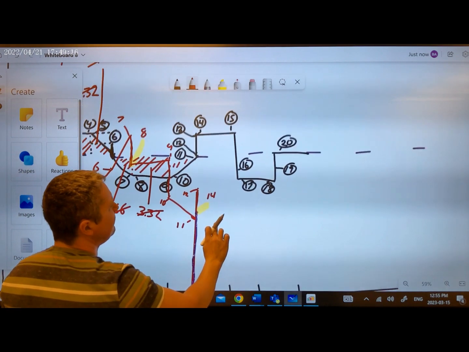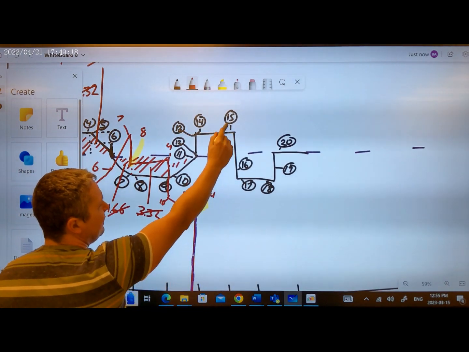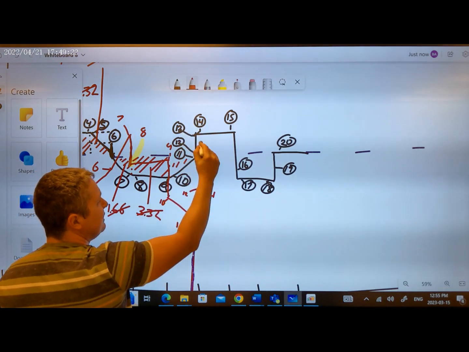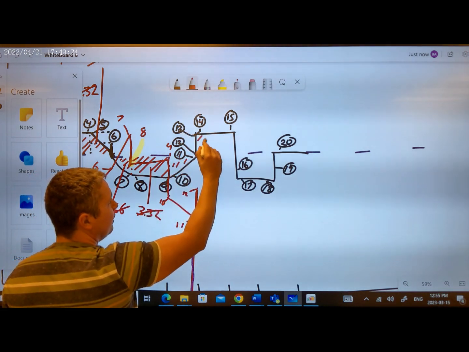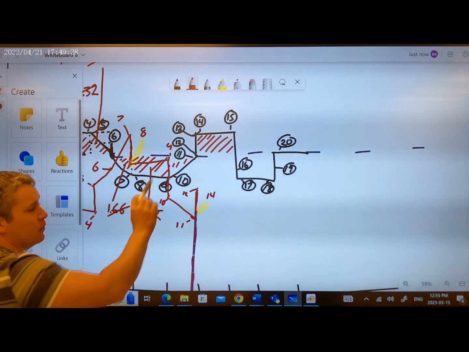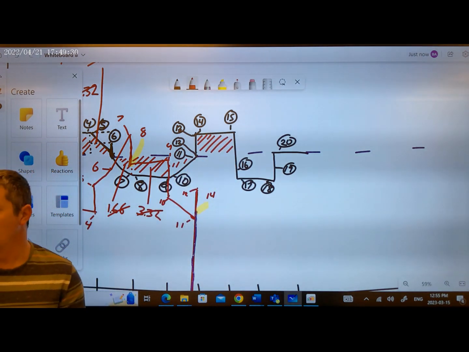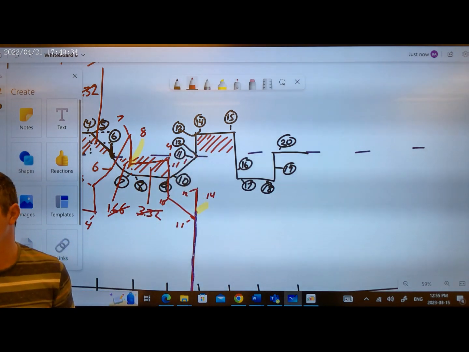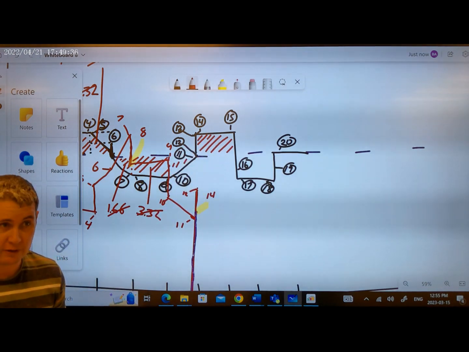Point 15, we're going to be looking at this section here again. We can see that we're going to be calculating for integral. We can see that there's an error, so we're going to have proportional. We can see that there is no ramp rate, so there's going to be no derivative.